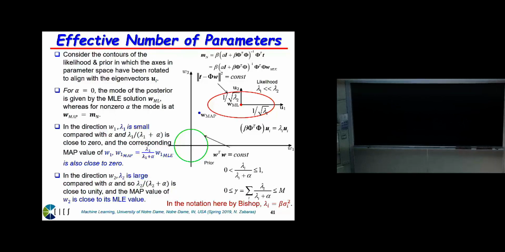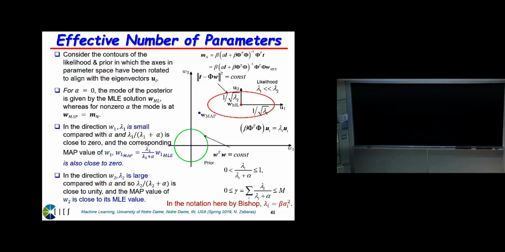It is 0. So effectively, the formalism shrinks your estimate for W to 0 because it says, if you cannot evaluate from the data what the correct estimate of W is, I'm going to set it to 0. This is again the shrinkage effect that we have discussed before, but you can see it here. If lambda 1 is small, this will become 0.